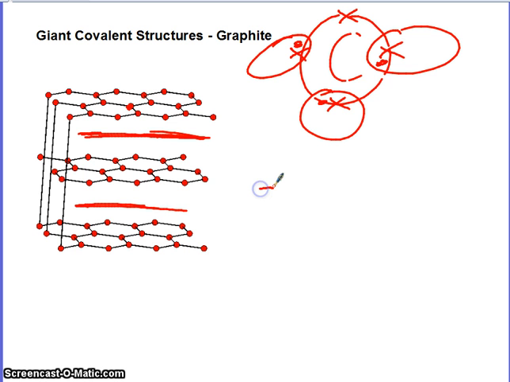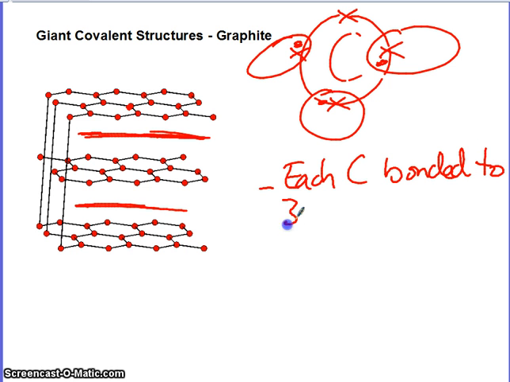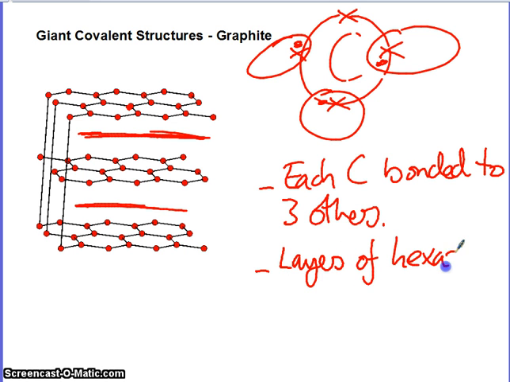We have each carbon bonded to three others. Now this means that, in the same way as diamond, it has a very high boiling and melting point for exactly the same reasons. But because of the layers of hexagons, which I'm hoping you can see in the diagram, the layers have these delocalized electrons between them.